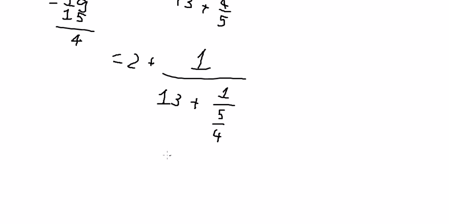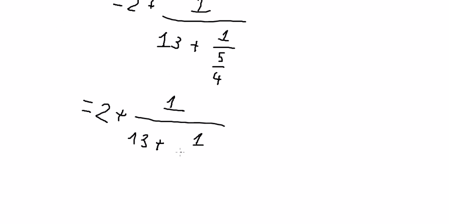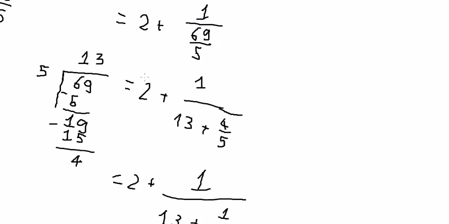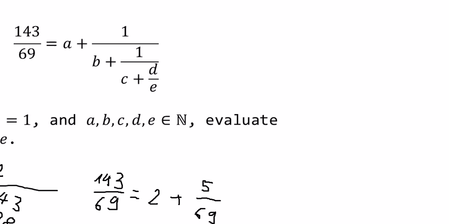So in this situation, we put 5, we can put 4 plus 1, so you get 1 plus 1 over 4. Now let's compare for the question.